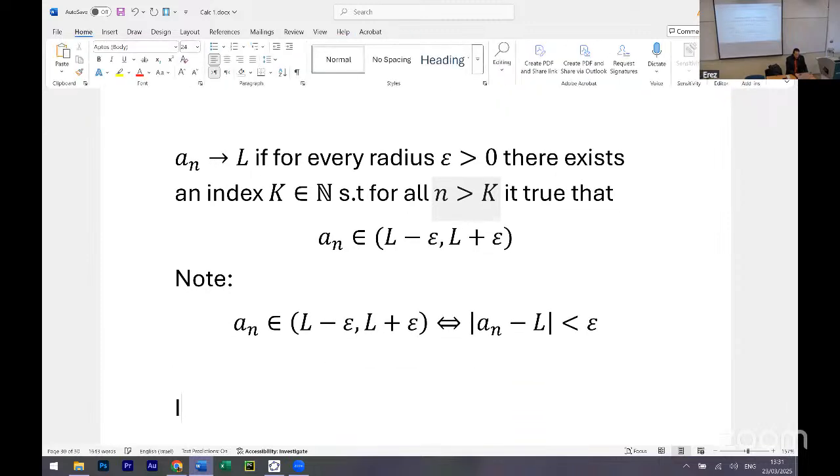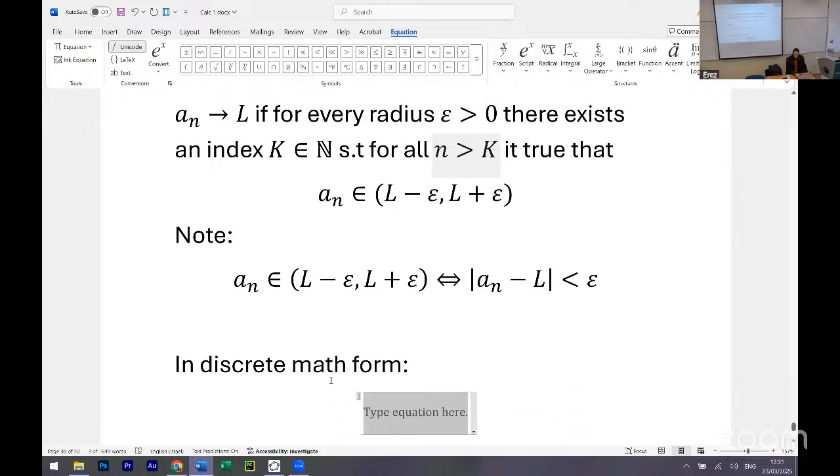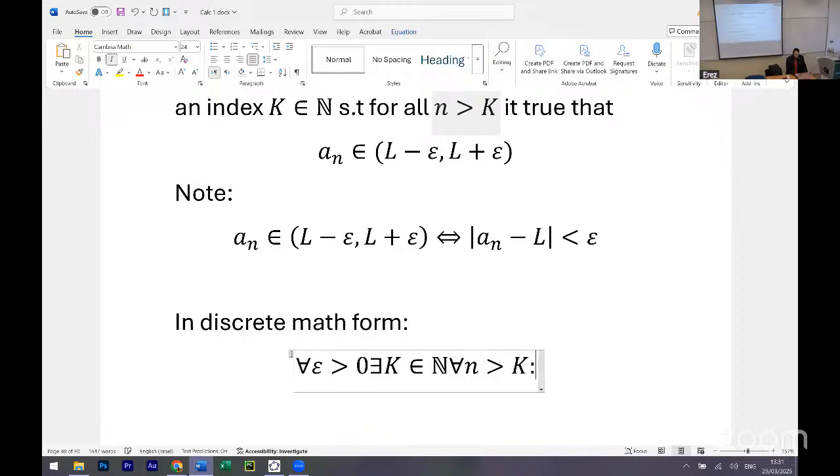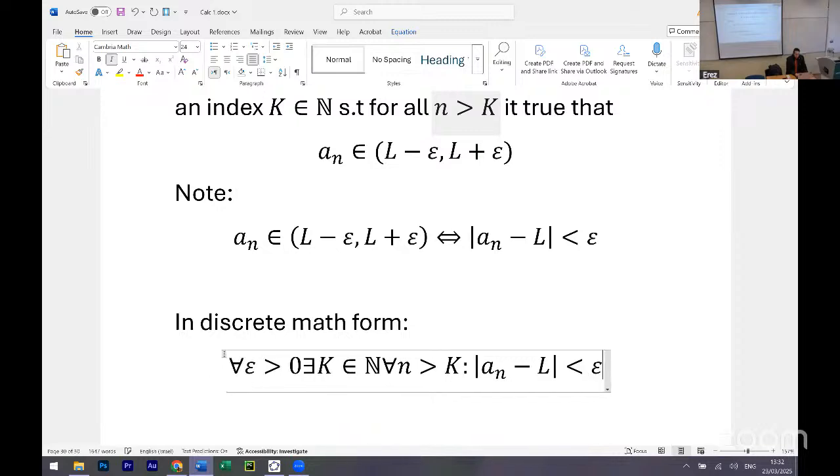Now for some post drama from discrete mathematics, and then we'll finish. In discrete mathematics form, it's quite easy. Look: for all positive epsilon, there exists a natural K such that for all n larger than K, |a_n minus L| is smaller than epsilon.